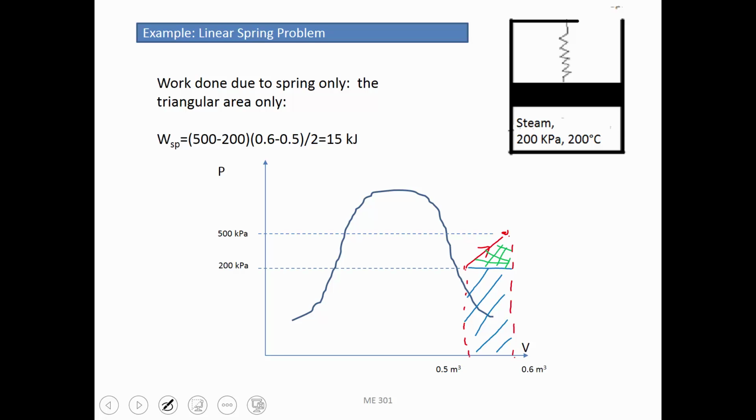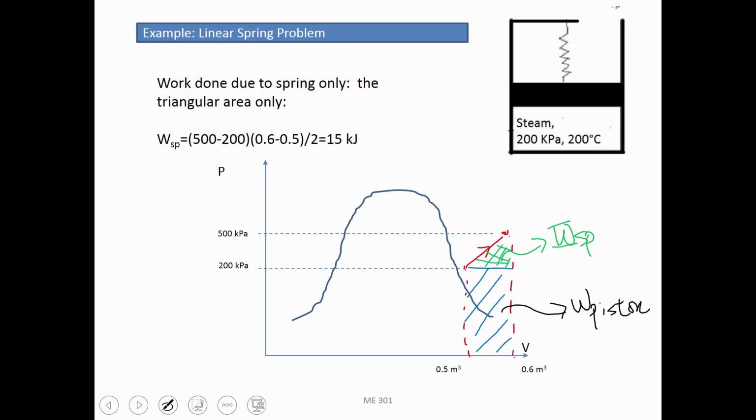The rectangular portion represents work done by the piston, and the triangular portion represents work done by the spring.